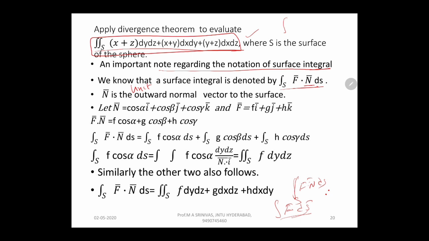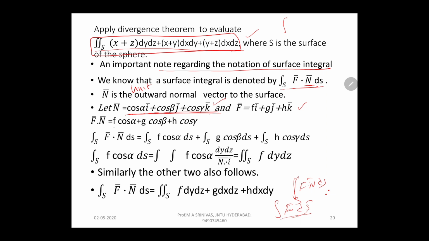That is the relation between vectors and the three-dimensional geometry representation. So I am taking this n bar as cos alpha i bar plus cos beta j bar plus cos gamma k bar. Cos square alpha plus cos square beta plus cos square gamma is 1, so every unit vector can be written in this form. And f bar is this.